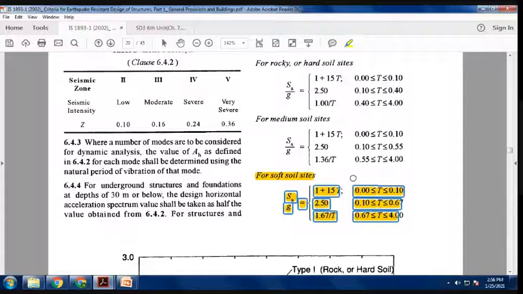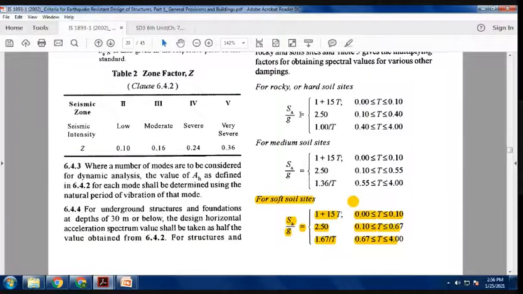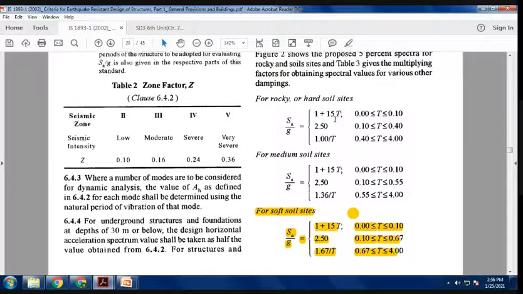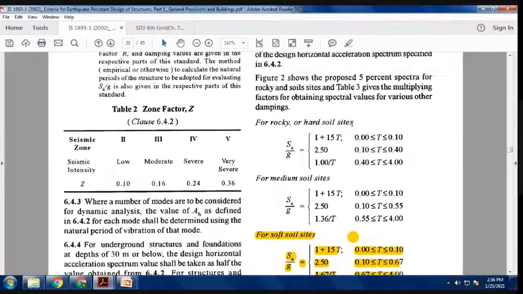Okay, see here, the important thing is that initially I have said that the acceleration directly depends upon the time period, the t value. On calculating, suppose you get the t value, and it says that your building is falling in hard soil.